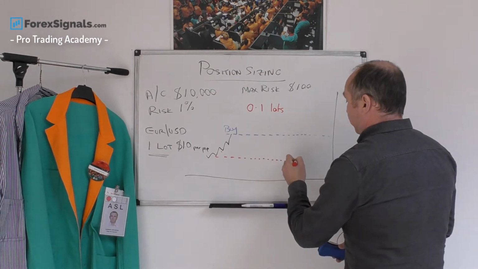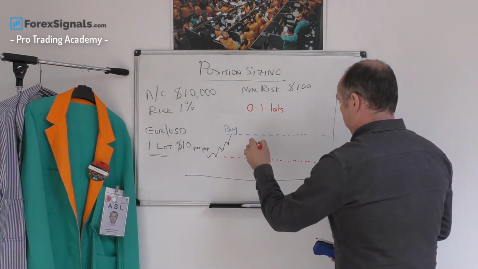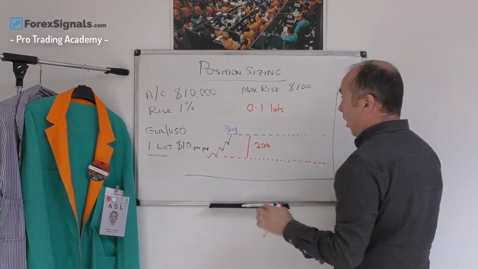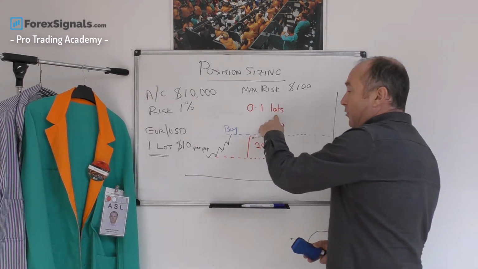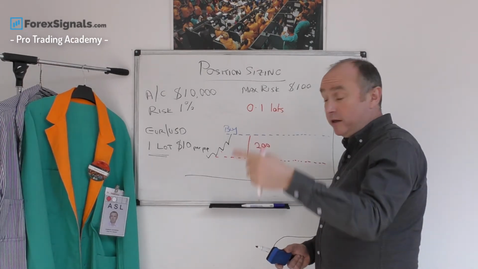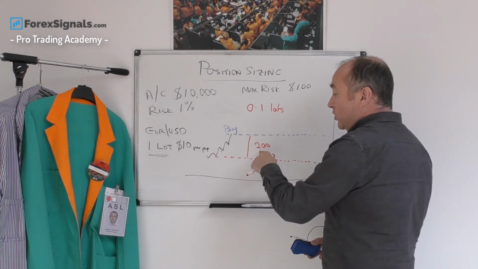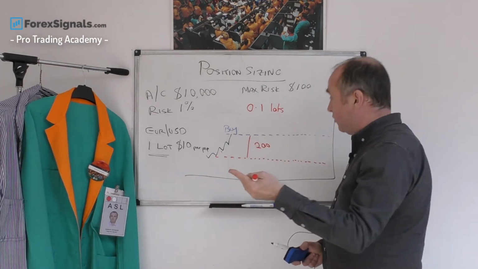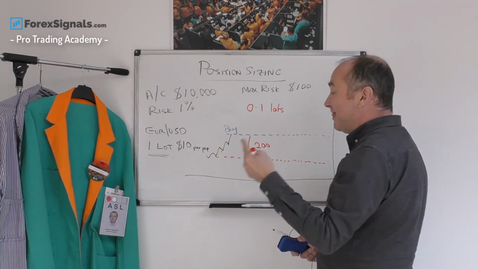Now let's assume, for example, that the strategy actually had a stop loss 200 pips further away. Okay, so it's now much further away. Are we able to use the same lot size as we did with the 100 pip stop? No. Again, we have to reduce it further, because if we lost 200 pips at 0.1 of a lot, we'd be losing $200. Okay, and that's too big.